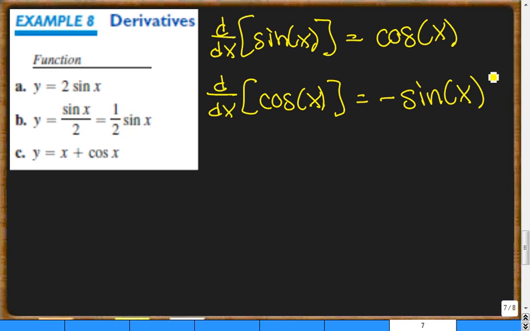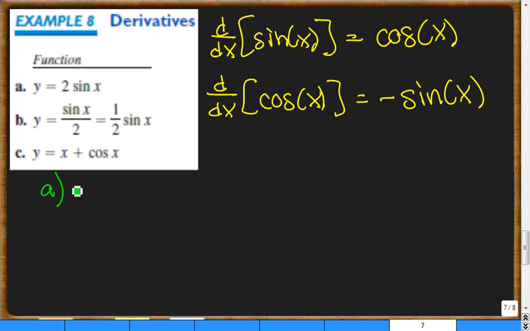So this will come up later, but anytime you take the derivative of a co-function, like cosine, cotangent, or cosecant, you're always going to get a negative. And anytime you take the derivative of something that isn't a co-function, you get a positive one. So just a way to remember that the negative is there.